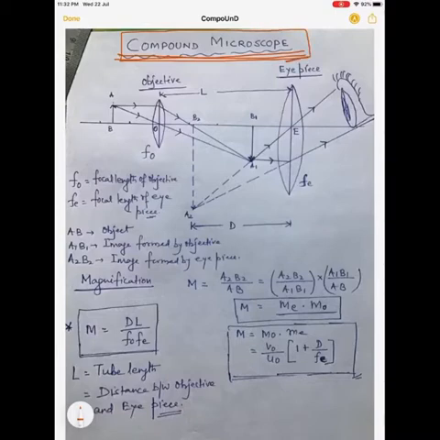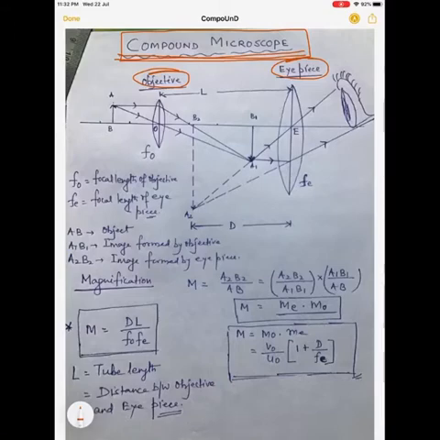So a compound microscope is called compound because of the two lenses. One lens is the objective and the second lens is the eyepiece. Now from the diagram it is very much clear that the objective lens is a convex lens of a small focal length as well as of a small aperture, in comparison to the eyepiece, which has more focal length and a larger aperture.